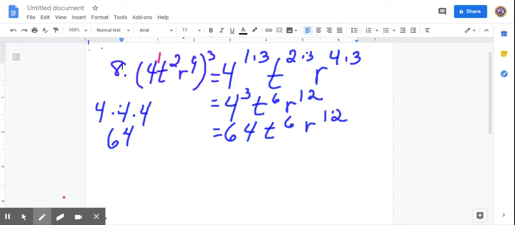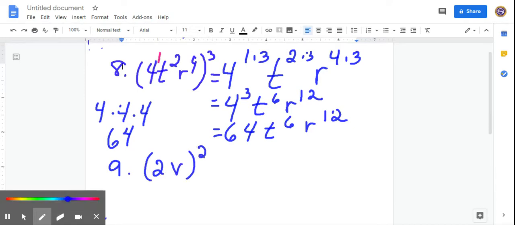Number 9. Number 9 is 2v quantity squared. Again, let's remember that the 2 has a 1 and the v has a 1.